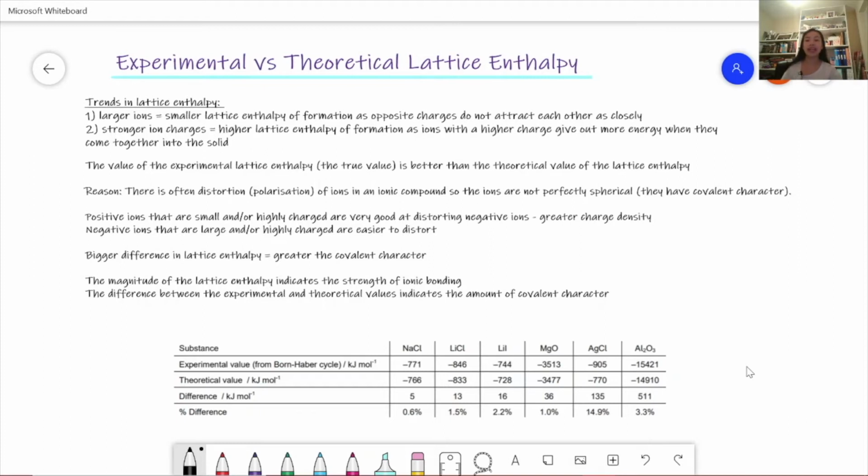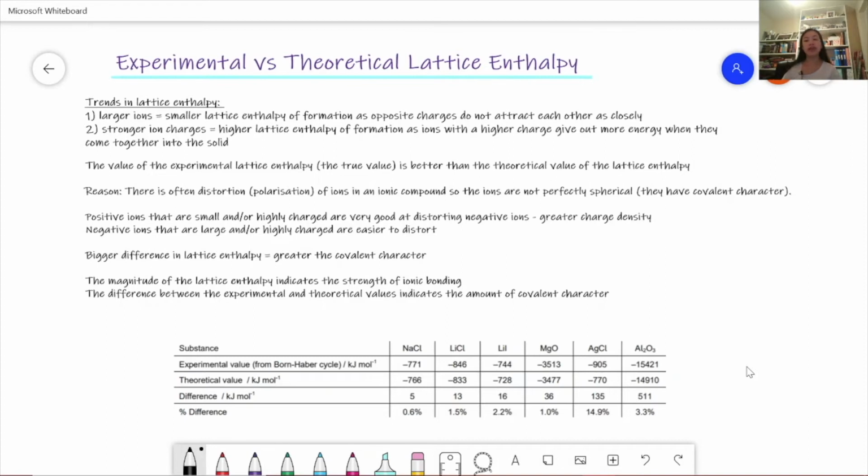And then secondly, when you have ions with stronger charges, they have a higher lattice enthalpy of formation, as they give out more energy when they come together into the solid. So for example, if you had an ion with double the charge, then it would give out double as much energy when it forms into the ionic solid.